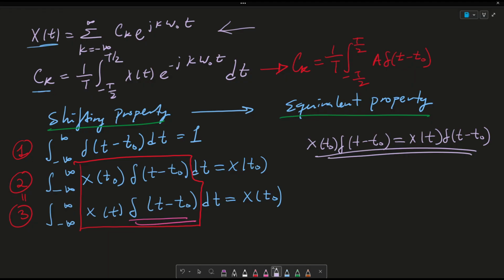And then we can multiply that by e^(-jkω₀t) times dt. So we notice two things. This here, again, is my function δ(t - t₀) located here. And this here is actually my x(t). All right, so let me go ahead and rewrite this on a clean page.